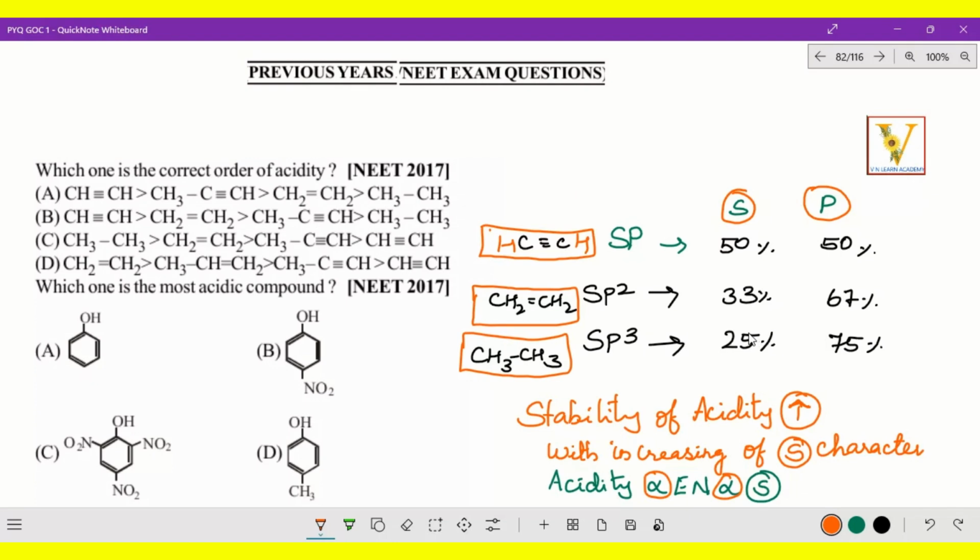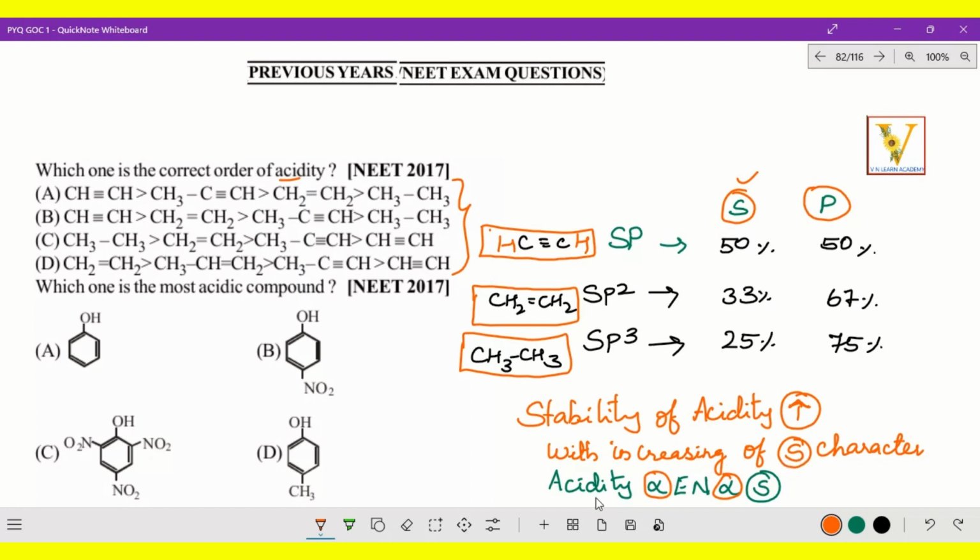So now I'm coming to that point. How do we identify the acidity? Generally acidity is based on the s character in this kind of question. So as s character increases, acidic strength, that is acidity, also increases. That is what I have purposely given here. Acidity increases with increasing s character.